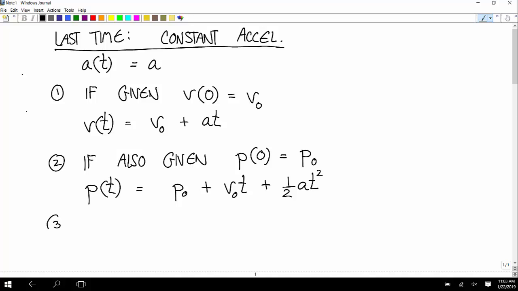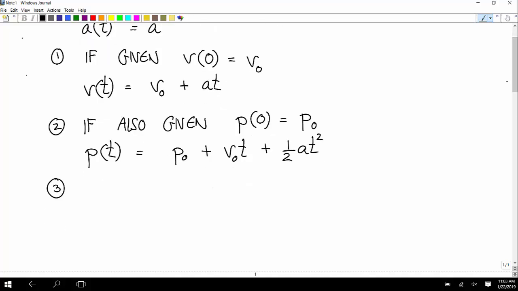And then the third step. Sometimes it's easier to deal with relationships that don't have an explicit dependence on time.